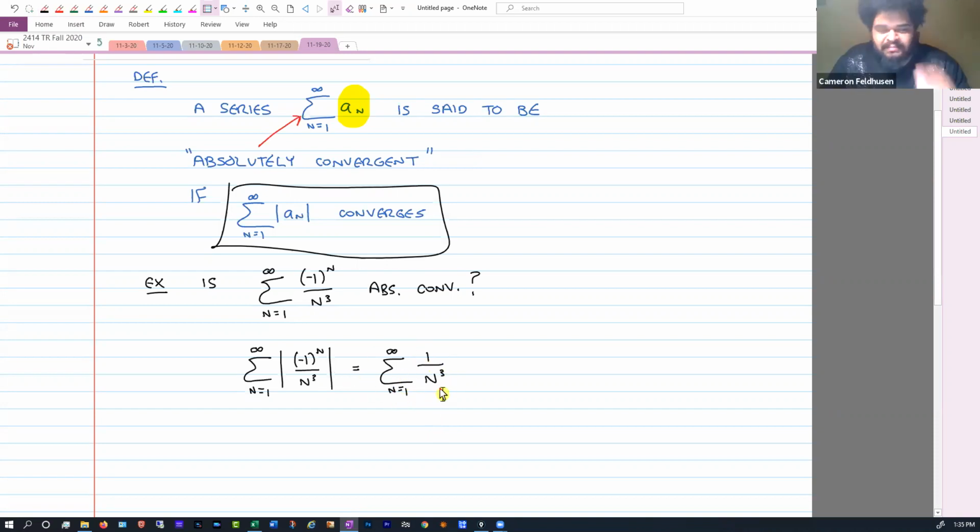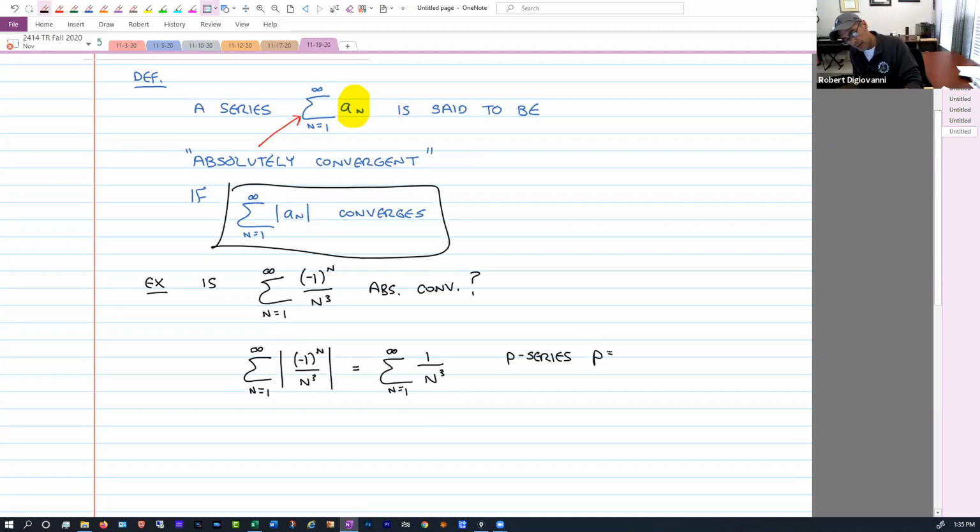Converges. Why? P series. This is a P series, good. This is a P series with P being 3, which is bigger than 1, therefore it converges. So what does that tell us? We're looking at this series in yellow. The question was, is the series in yellow absolutely convergent? So we took a look at its absolute value and we found that that series was convergent.